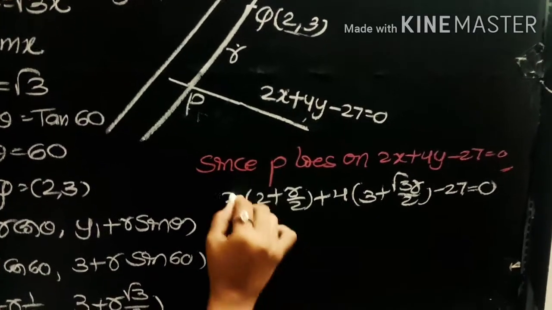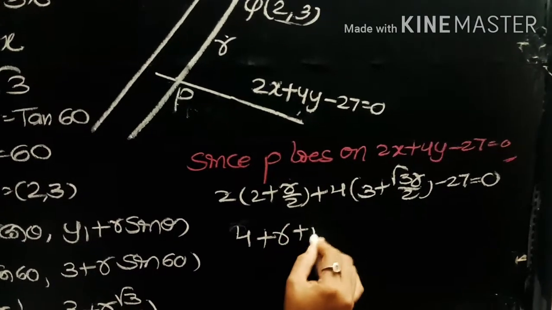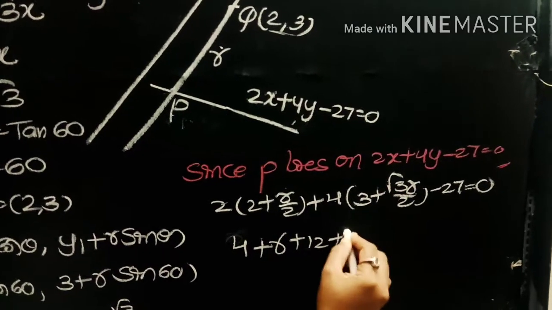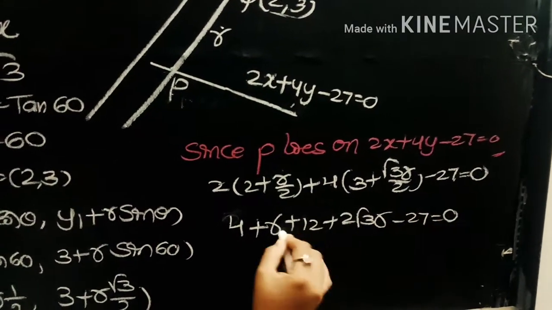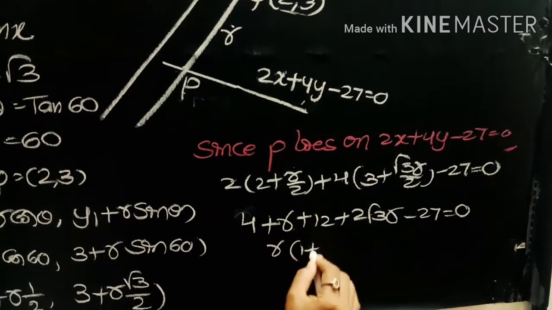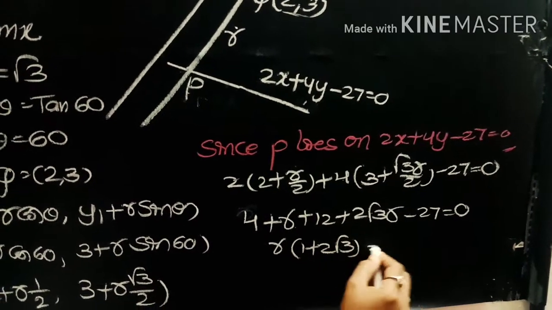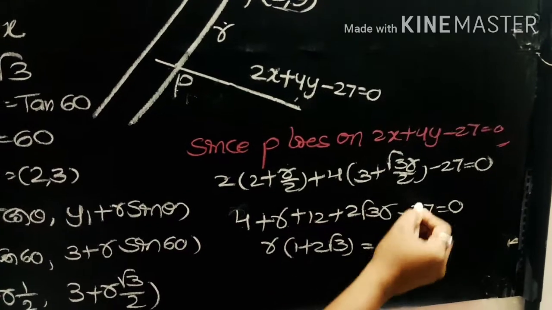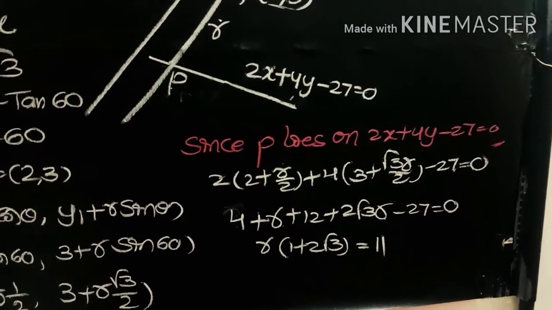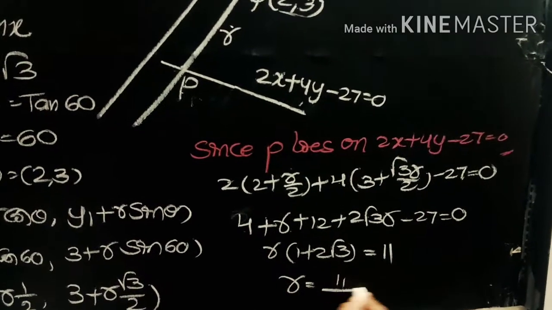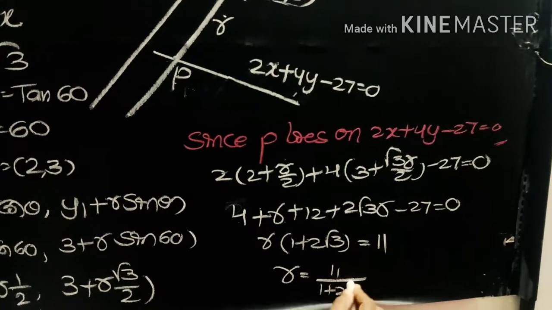That is 4 + r + 12 + 2 root 3 r - 27 = 0. Taking r common here, r(1 + 2 root 3) = 4 + 12 = 16, minus 27, that is minus 11. When we write that minus 11 to the other side, it becomes plus 11. Therefore, the value of r is 11/(1 + 2 root 3).